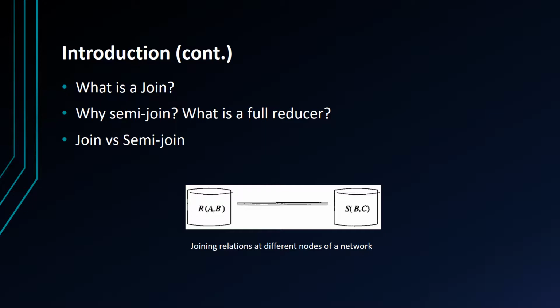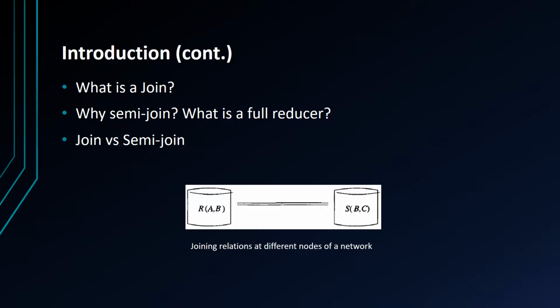And what is a full reducer? Full reducers are like, when there are three or more relations concerning the join mechanism in a distributed database, joining such many relations can eliminate the dangling tuples of the relations.